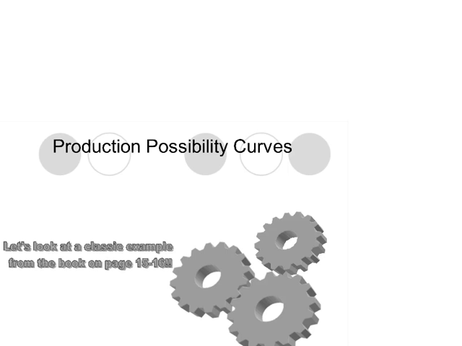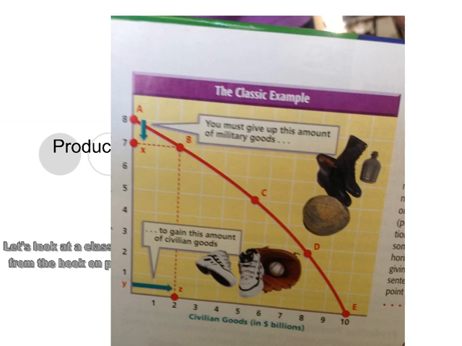There's lots of examples of ways they can spend our tax money, but our classic example from your book is called guns versus butter. Here you can see from your book that the government can choose between spending money on military options, like what they call guns, or civilian goods, which we'll represent with the product of butter.